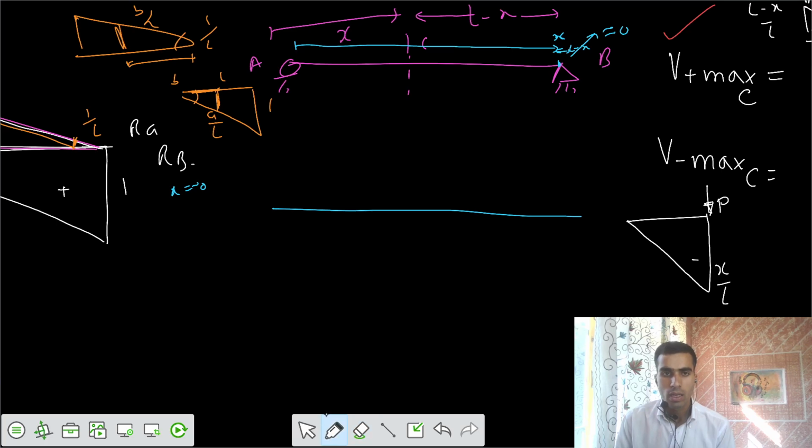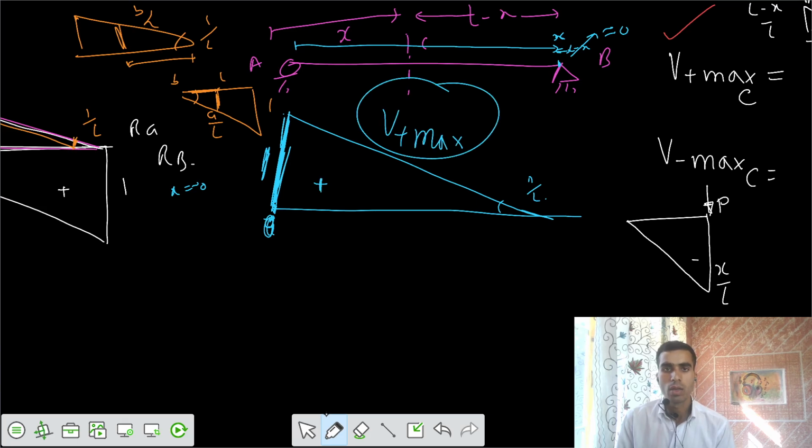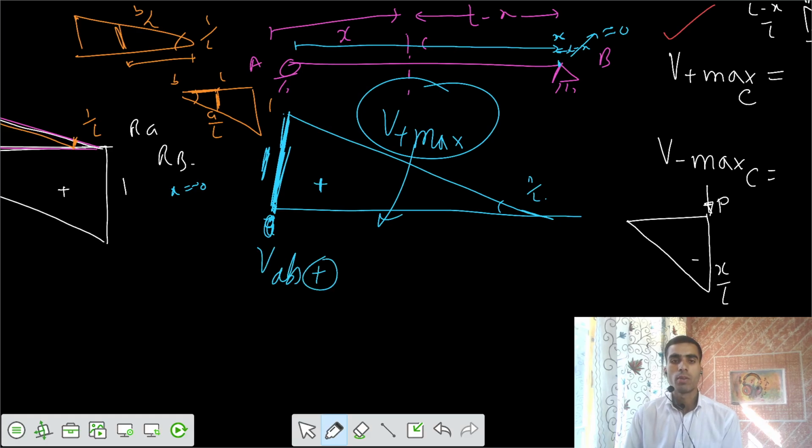Bottom is X by L, and from the top it is L minus X by L. Then after that a linear variation 1 by L. If the value of X is 0, that means this part is 0. So finally we say that at the support A itself, we have some ordinate of 1, and this is your positive V max we can have. And from this one we can get the absolute value of positive shear force.